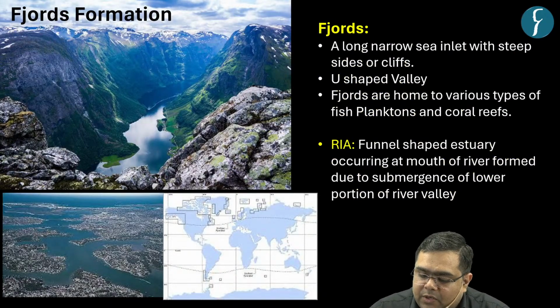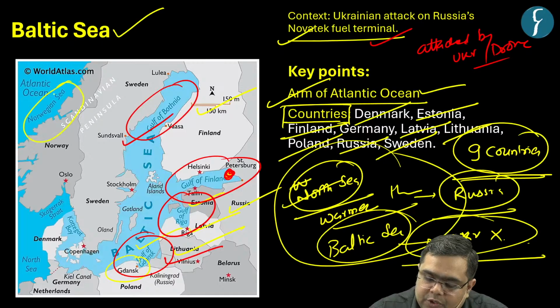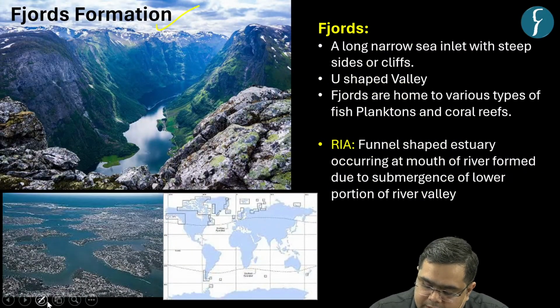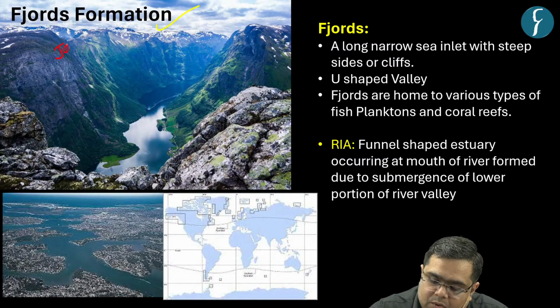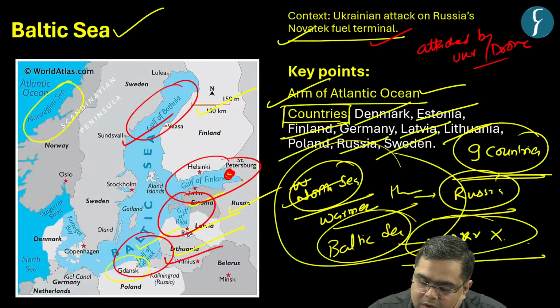Again, one geophysical phenomenon that is associated with the nearby landform is fjord formation. It is pronounced as fjord, and if we try to write it, we would write it F-J-O-R-D. These are beautiful pictures, landscapes which can be found in the regions of Norway, right?